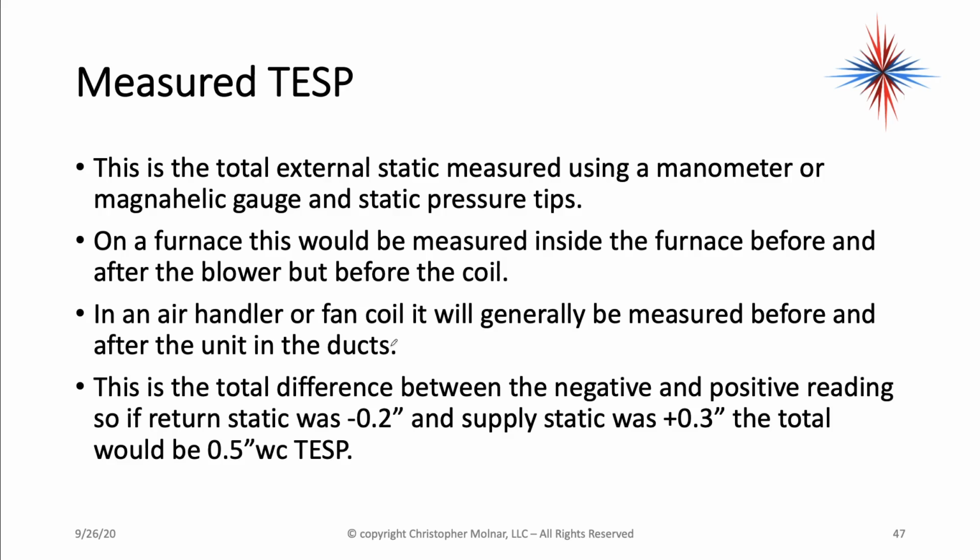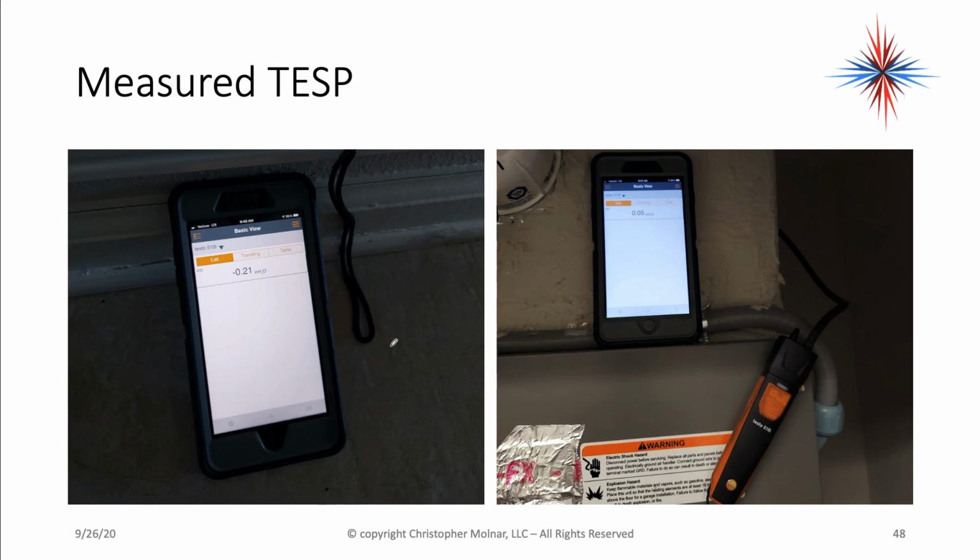The total difference between the negative and positive readings is my total external static pressure. So if I have a 0.2 return and a 0.3 supply, I have a 0.5 inch water column total external static pressure. Easiest way to think of it, add the two numbers together, drop the signs. You're using the absolute values.